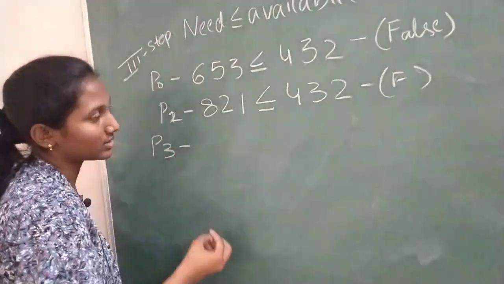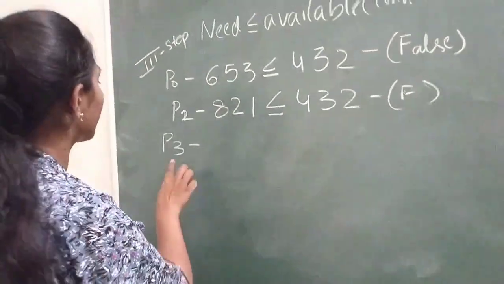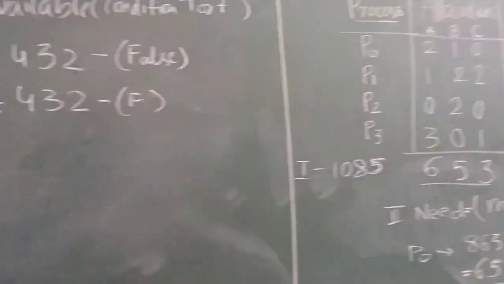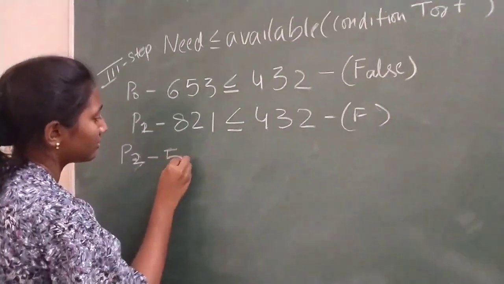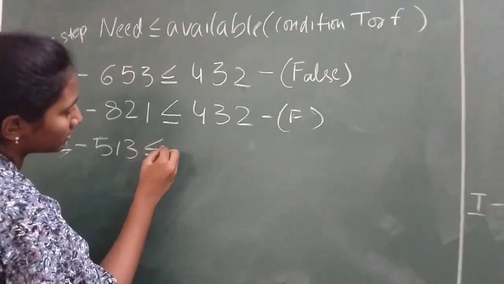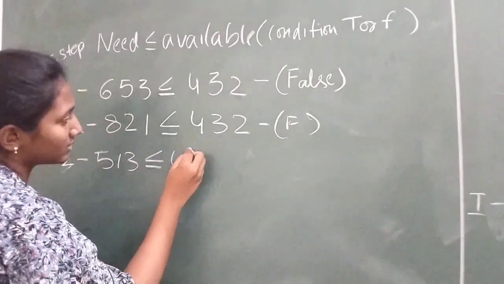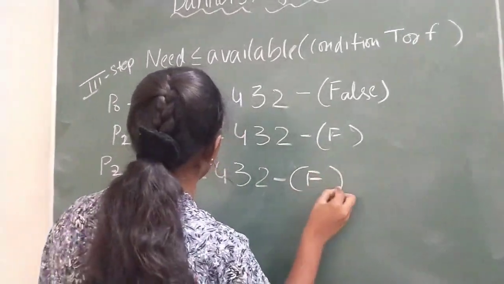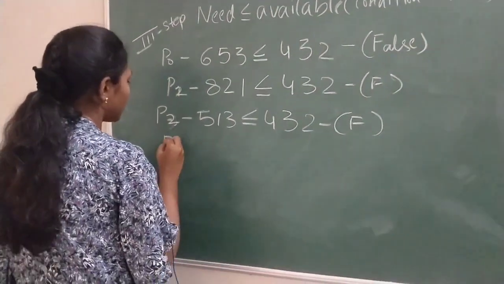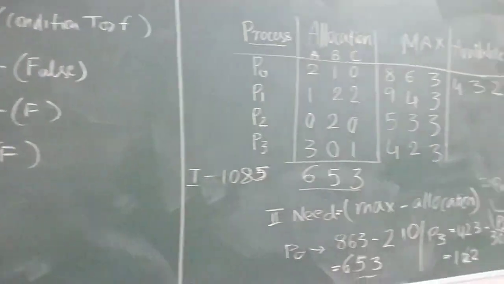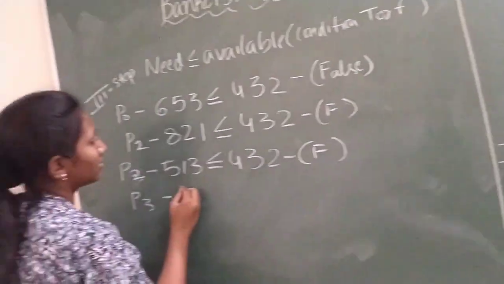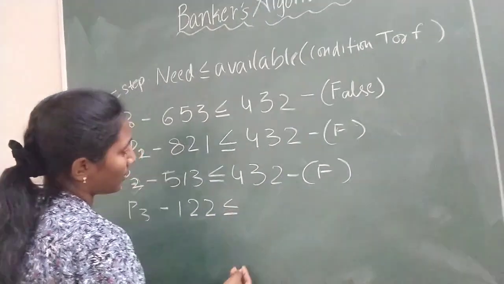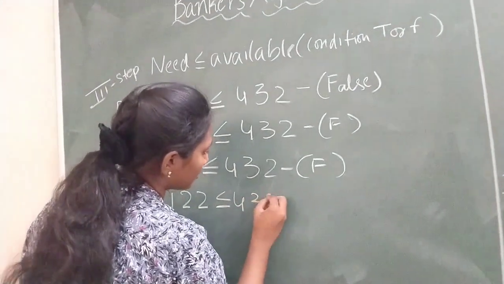Then coming to P2, the need is 5 1 3, where the condition is again false. Then we are going to the last process, 1 2 2 against 4 3 2.